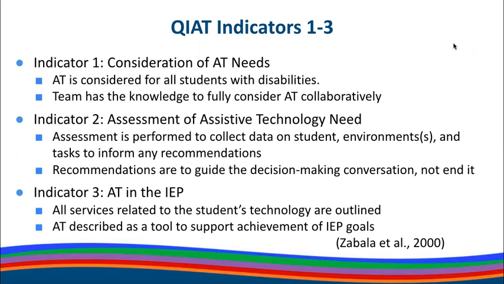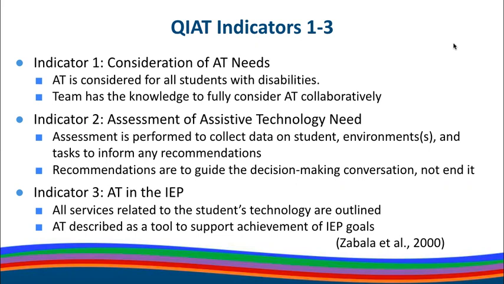Indicators 1 through 3 look at how we consider needs and if we are truly doing this for all students, and the knowledge of an IEP team. An IEP team cannot effectively consider assistive technology unless they have a breadth of knowledge of assistive technology tools and the needs of their students.